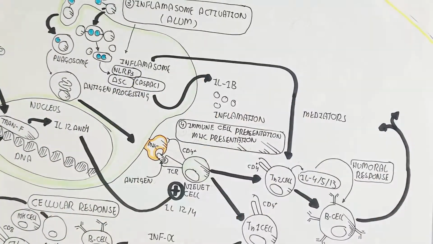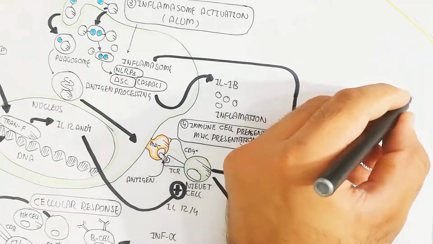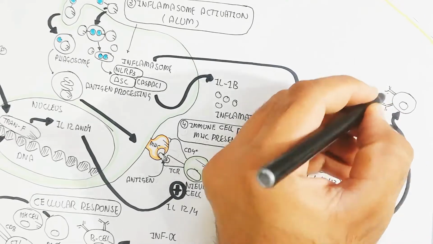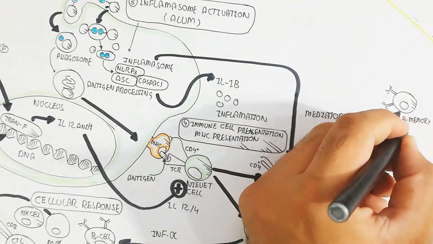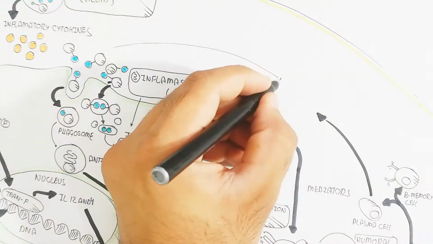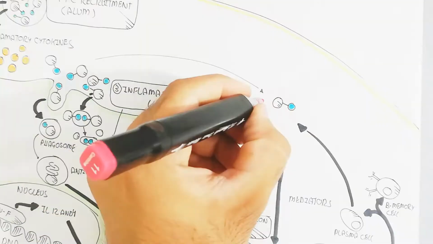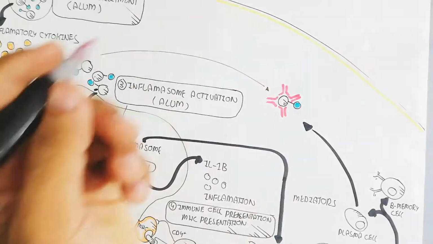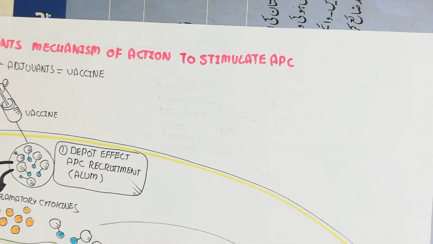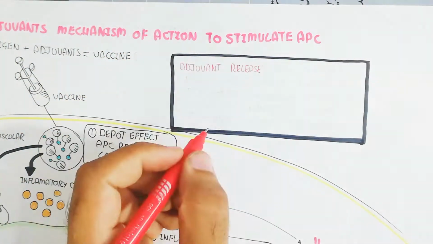So that's all about the clearance of the antigen and the production of antibody. The B memory cell will be produced, and the plasma cell is produced from the B cell, and this plasma cell produces a lot of antibody, and the B memory cell is used for future infection to give a quick response to clear the infection, while the antibody is produced by the plasma cell.